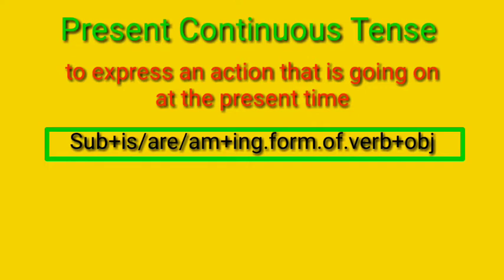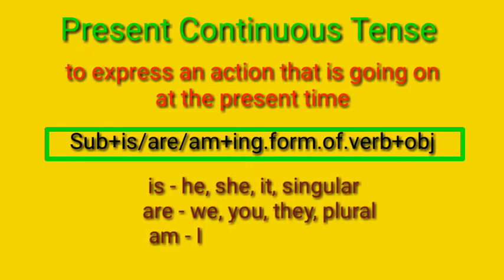We use is with he, she, it and singular noun, and are we use with we, you, they and plural nouns. Okay. Am we use with only I.